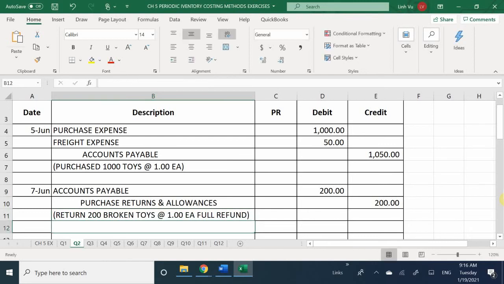Okay? Good. So now that we've completed the journal, our inventory is also done as well. So now we can go ahead and move on to the next one. Okay? Is everyone good with me so far?